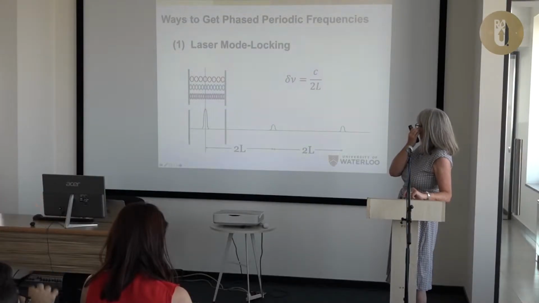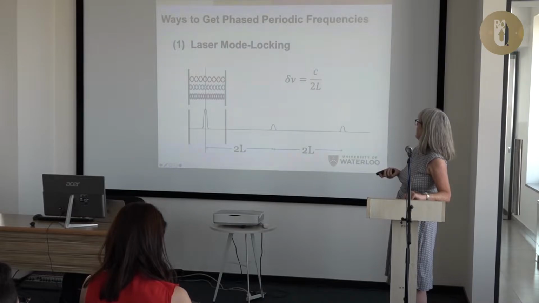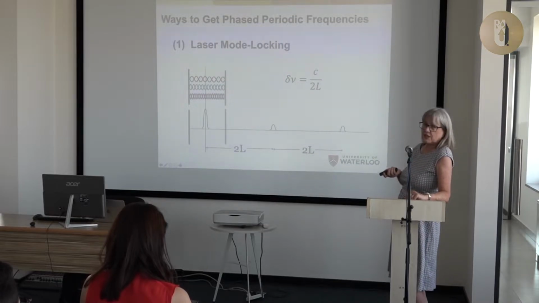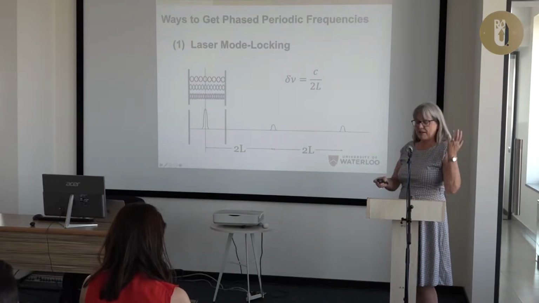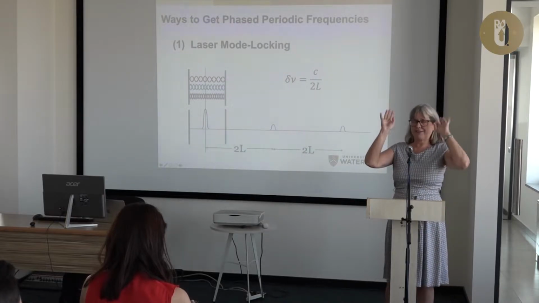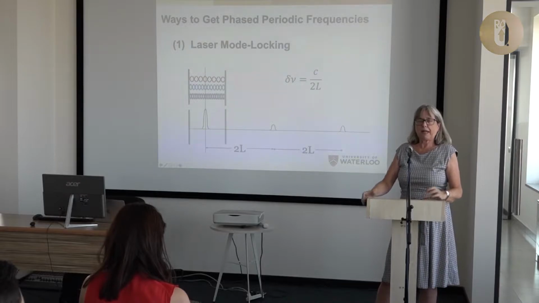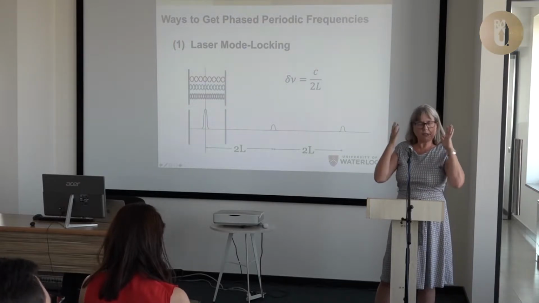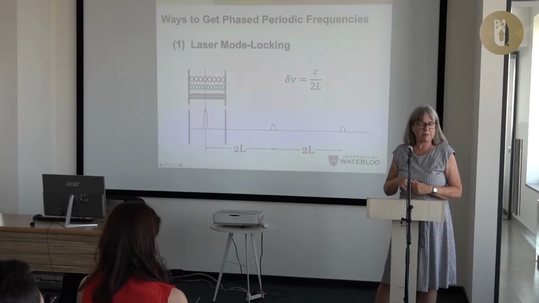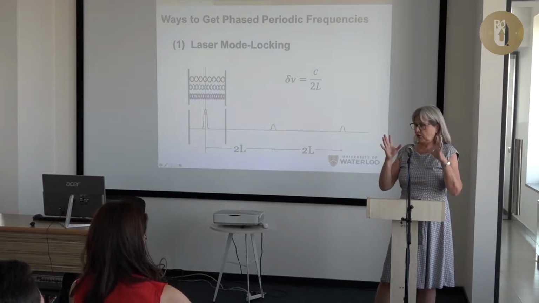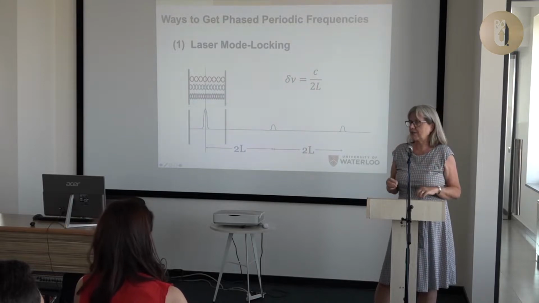All right, so let's talk about ways to get these phased periodic frequencies. And I've already mentioned that we have laser mode lock. So here's a cavity, and this came up in a question after my talk that not everybody heard. Most people, when they hear the word laser, because it stands for light amplified by stimulated emitted radiation, think the coherence of a laser comes from that stimulated emission.